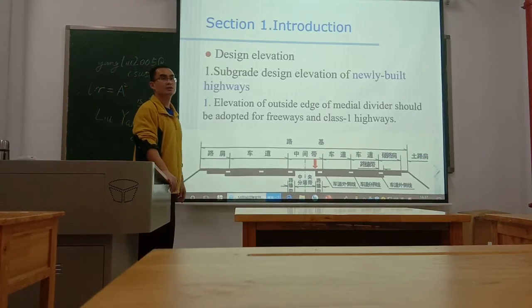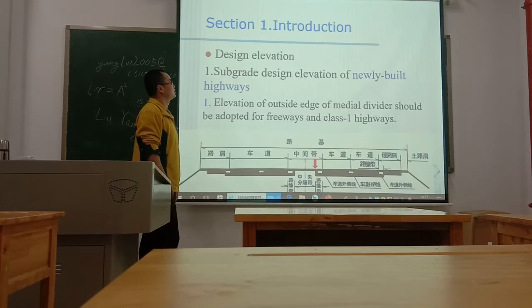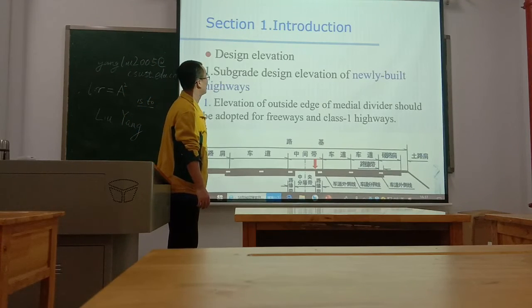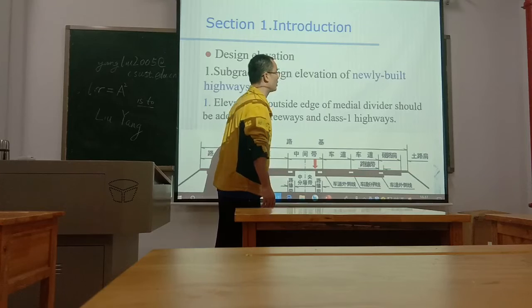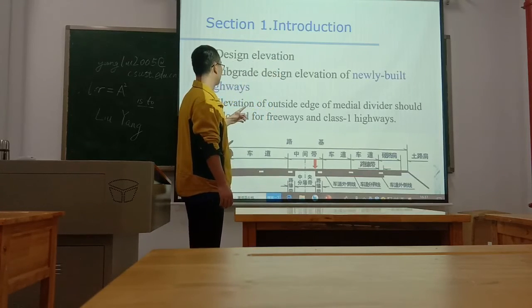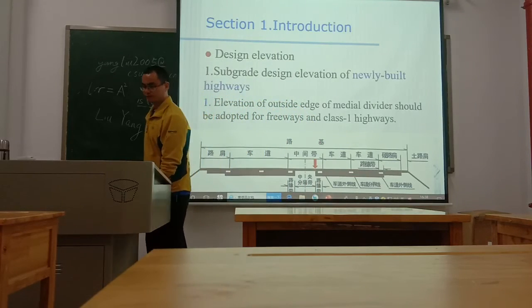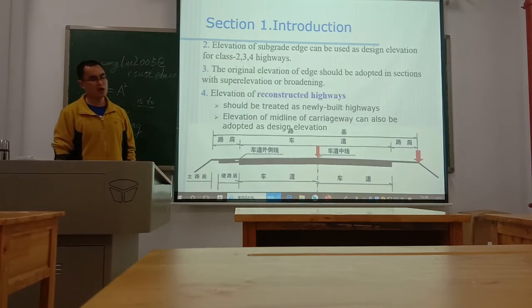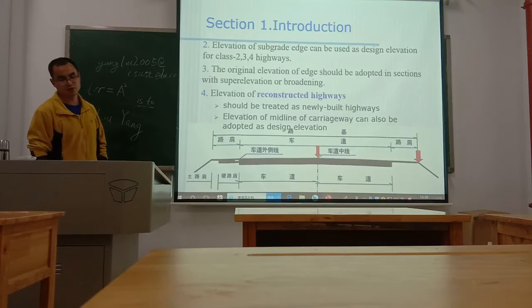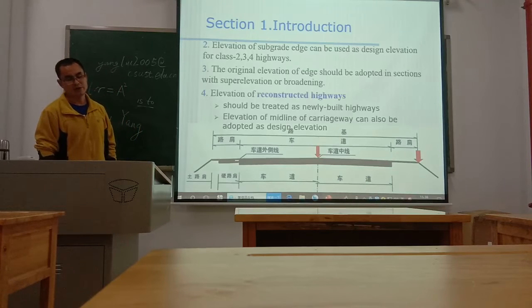Design elevation. Subgrade design elevation of newly built highways. 1. Elevation of the outside edge of the median divider should be adopted for freeways and class 1 highways. 2. Elevation of subgrade edge can be used as design elevation for class 2, 3, 4 highways. 3.